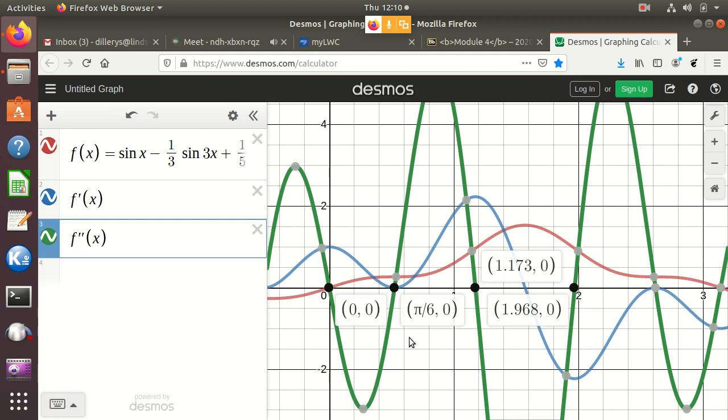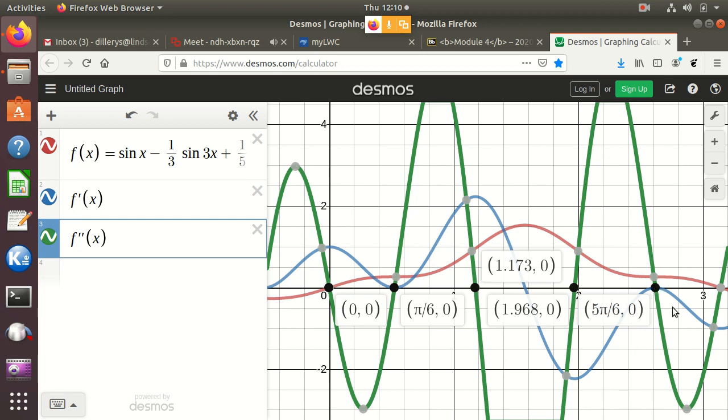So when you look at this one, we've got 0 and pi over 6. Those are nice numbers. But these others, and I didn't get to maybe the last one or two, 1.173, 1.968, those are not great numbers.